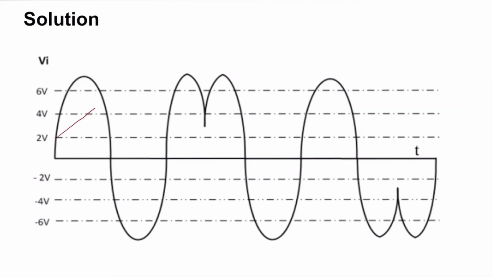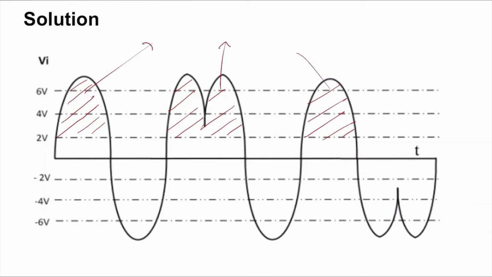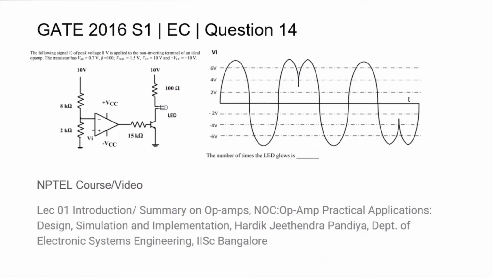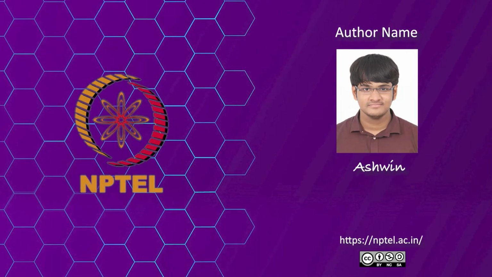So we can shade the regions where Vi is greater than 2. Right? So you have 1, 2 and 3. So these are the 3 times the LED glows. Thus the answer is 3.